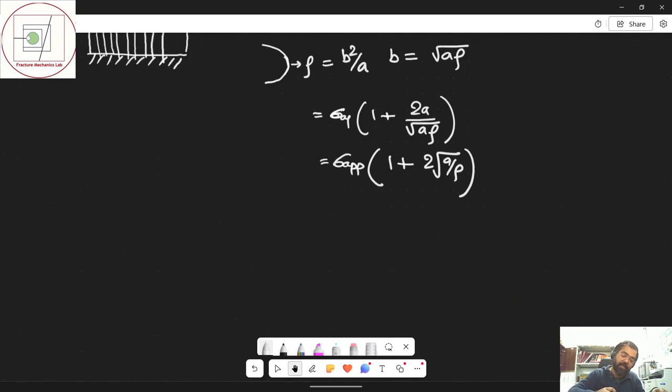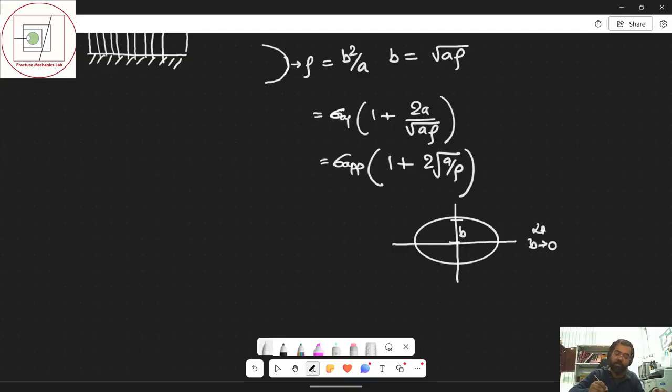And when this crack is sharp, to make the ellipse sharper, if this distance is b, I just need to put b very close to 0.